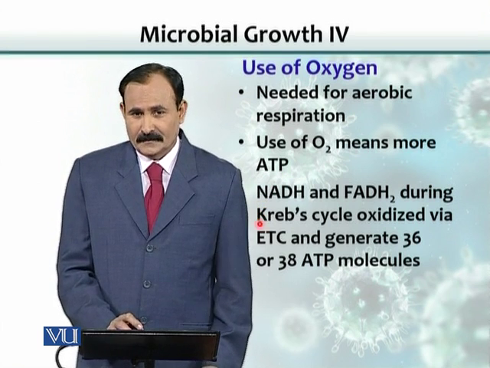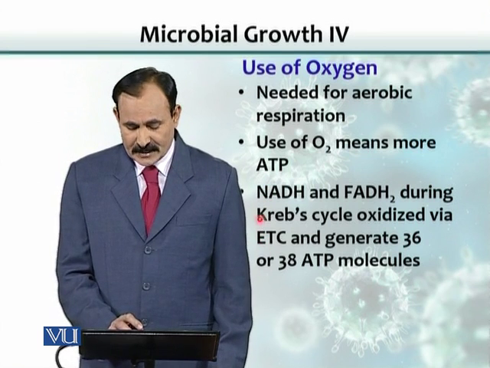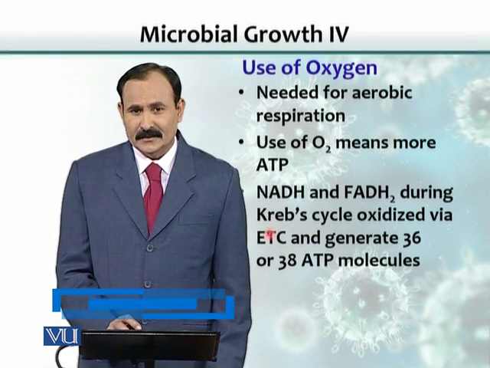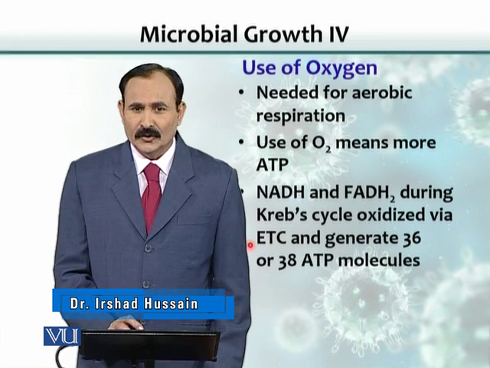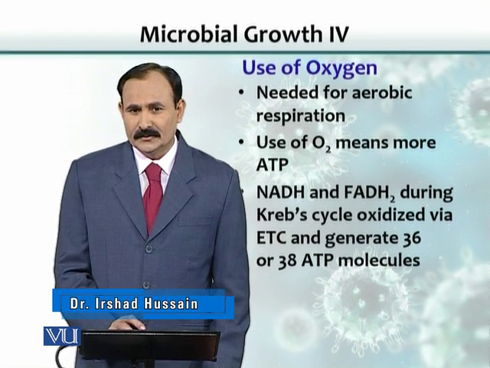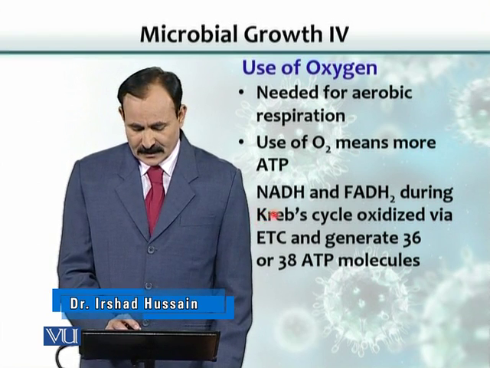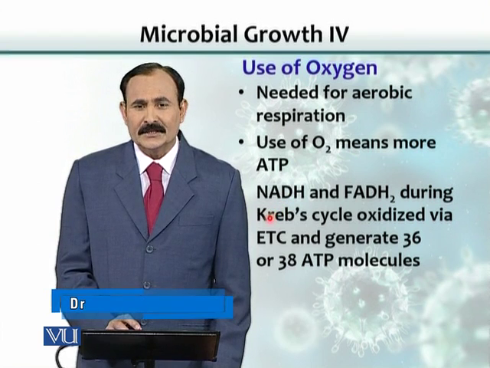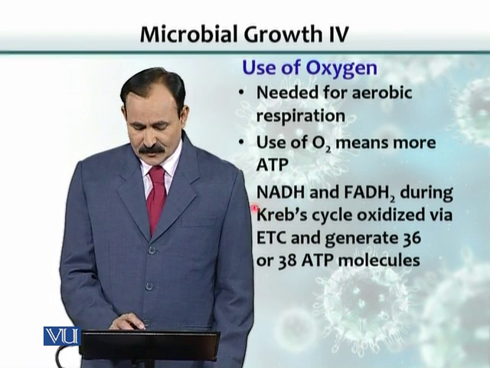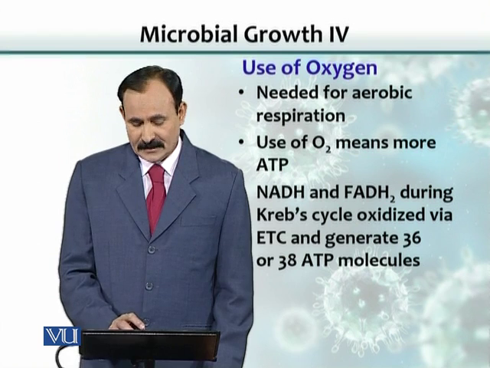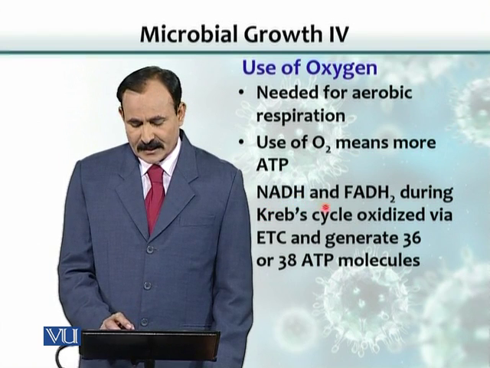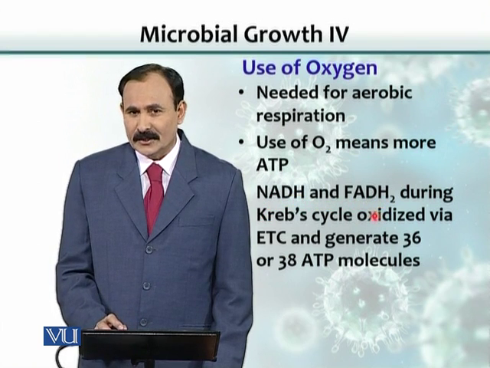As we mentioned in the previous lectures, when glucose is metabolized through glycolysis, it produces pyruvic acid, and that could be channeled through the Krebs cycle, creating NADH and FADH2 molecules.